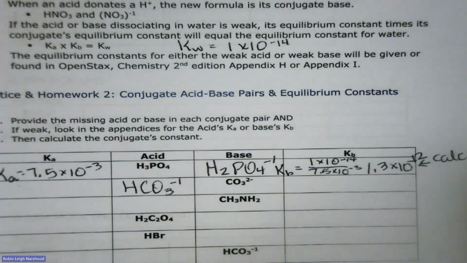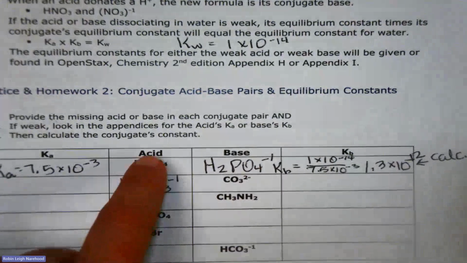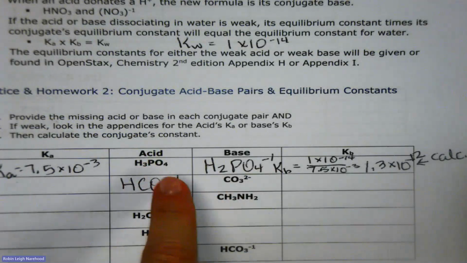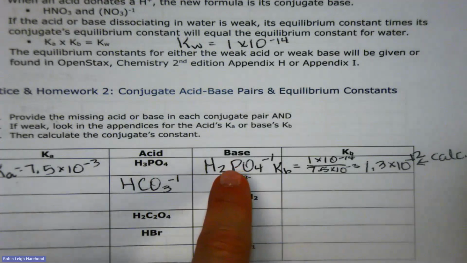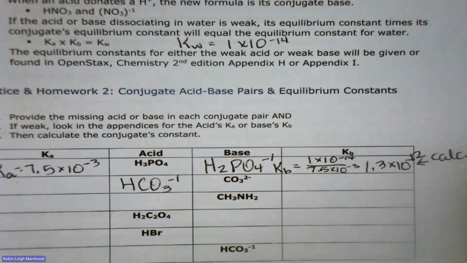H2PO4 negative 1 is not good at adding a hydrogen back, at being a base. So between these two conjugates, this conjugate is much stronger at being an acid than its conjugate base is at being a base. So if we look at equilibrium, there's going to be a lot more H2PO4 negative 1 created than going back the other way.